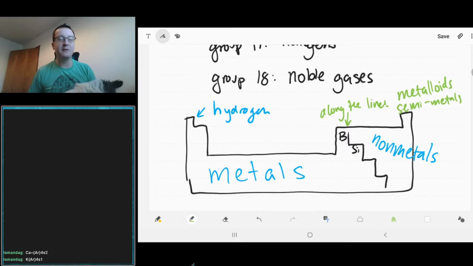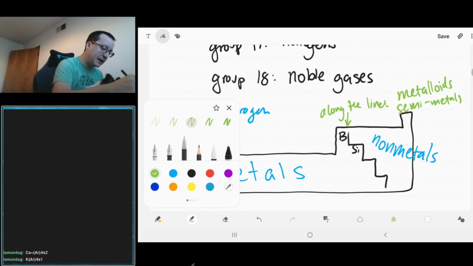Either name, they're both kind of interchangeable. That's going to include boron, silicon, and everything that's kind of touching that zigzag line. However, most of the elements we're going to be able to very clearly define as non-metals or metals. Just so you know, hydrogen is a non-metal.